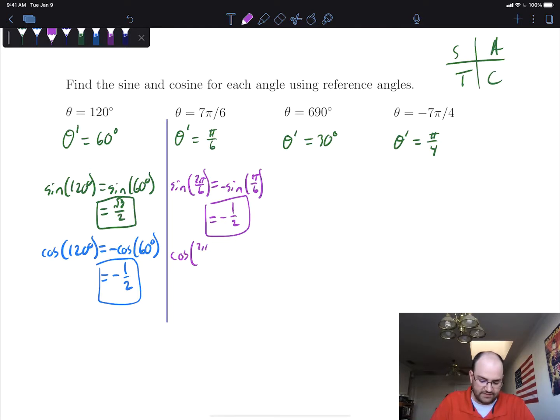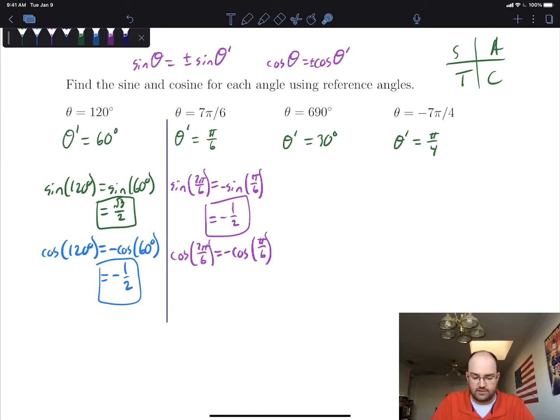As for cosine of 7 pi over 6, again, that's negative cosine of pi over 6. So basically, the sine of theta is equal to either plus or minus the sine of theta prime, and cosine of theta equals plus or minus cosine of theta prime.